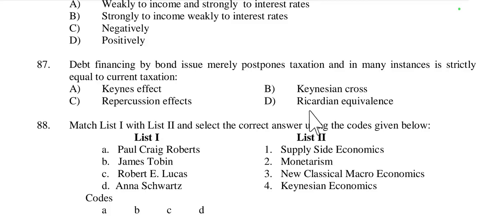It is called Ricardian equivalence, option D. Ricardian equivalence is the economic theory that suggests that when a government increases debt financing through bond issues, individuals anticipate future taxes to pay off the debt. Therefore, they increase their savings to prepare for future tax liabilities, making the impact of government borrowing effectively equal to current taxation.